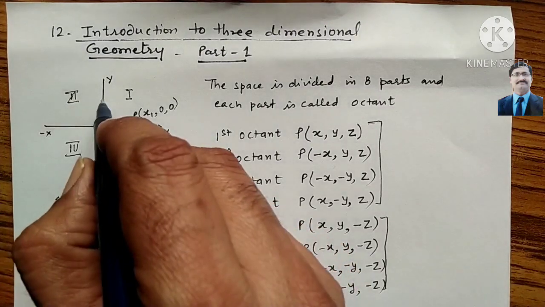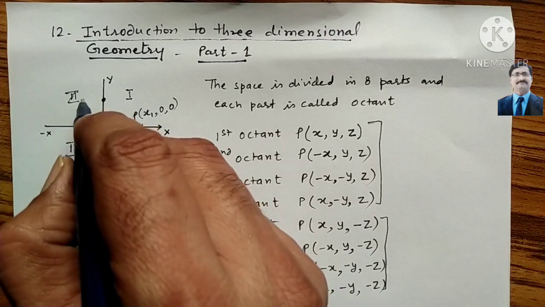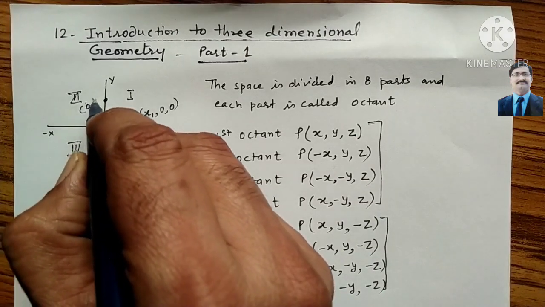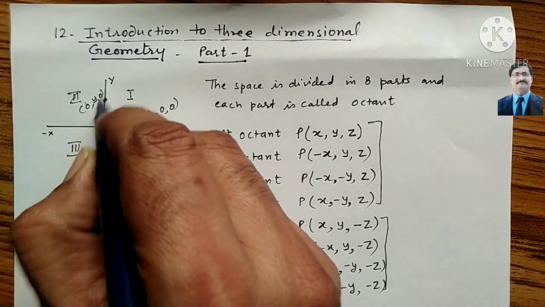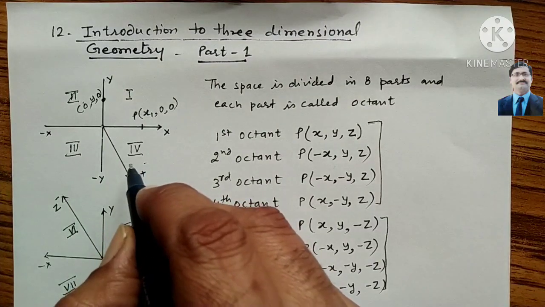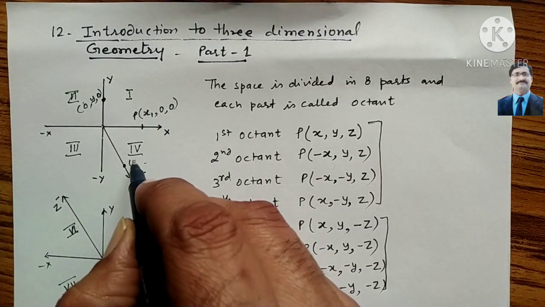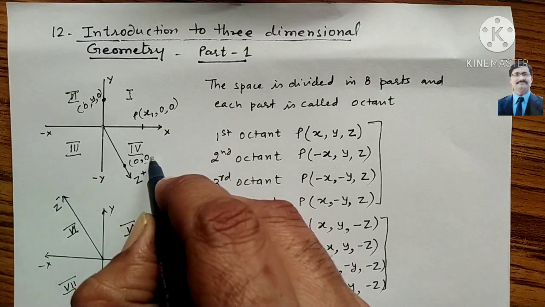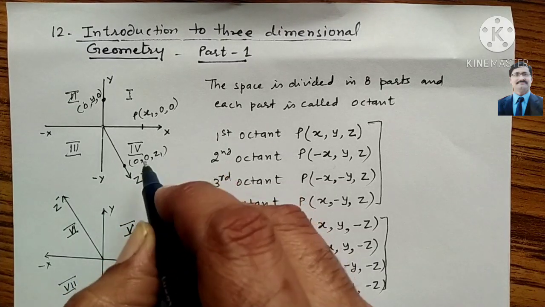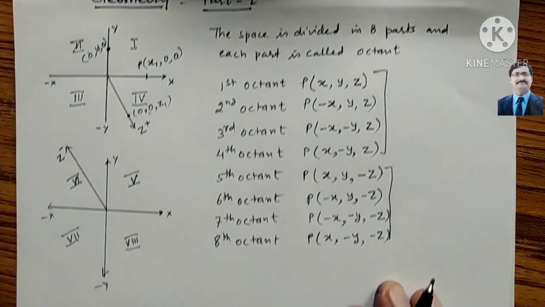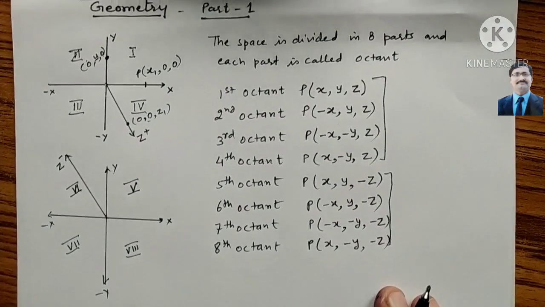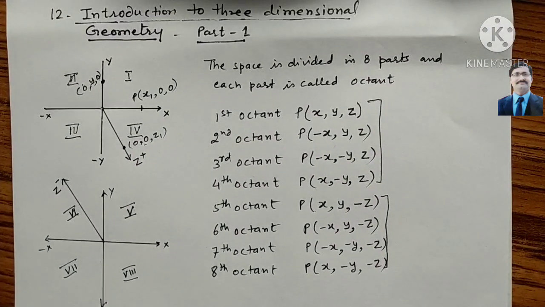On the y-axis we have only the y coordinate, and x and z coordinates will be 0. Similarly, for any point on the z-axis, the x and y coordinates are 0, and only the z coordinate will be there.